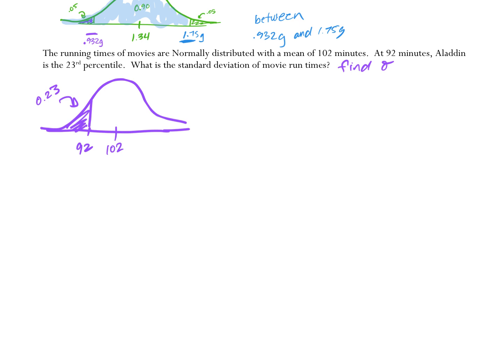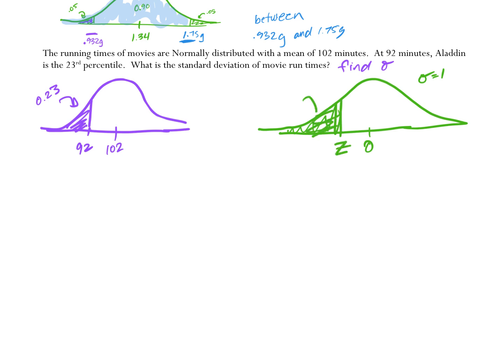Yeah, we can find it, because we do know the mean and standard deviation of z-scores. Z-scores always have a mean of 0. They always have a standard deviation of 1. So we can find the z-score associated with the 23rd percentile. And again, we need to know it's normal in order to do this, but we can do it. What is the z-score of the 23rd percentile?